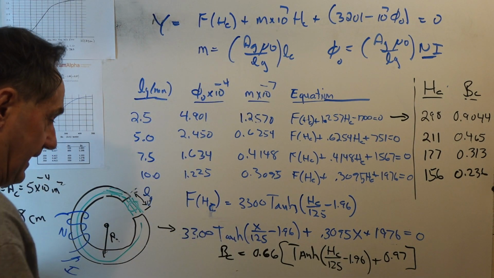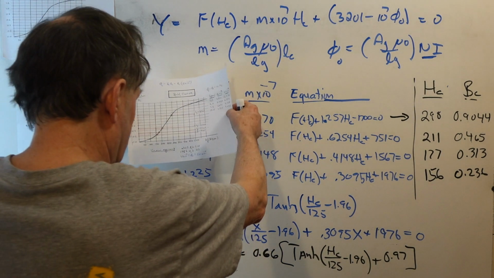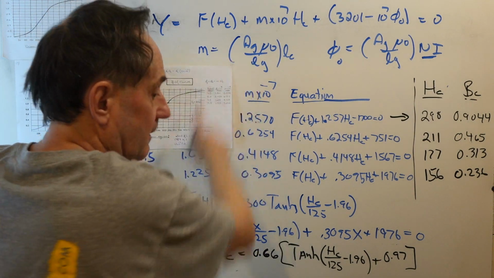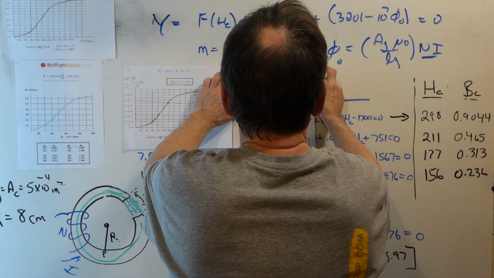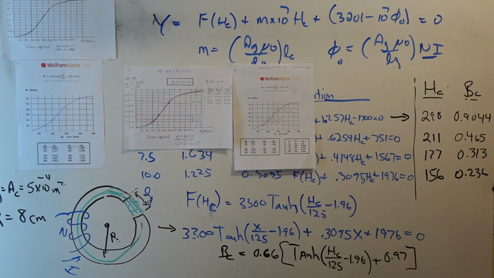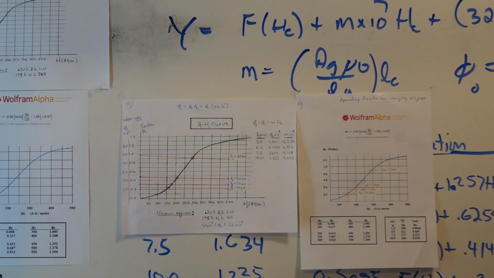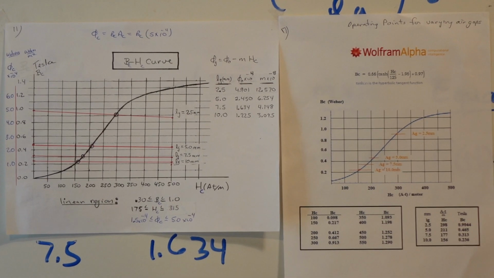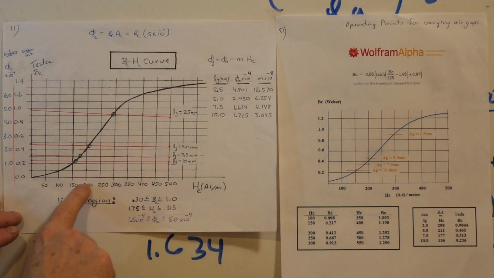So for grins, I went ahead and solved the problem graphically as well as analytically here. And you can see how similar the operating points come out. Here I solved graphically as before.